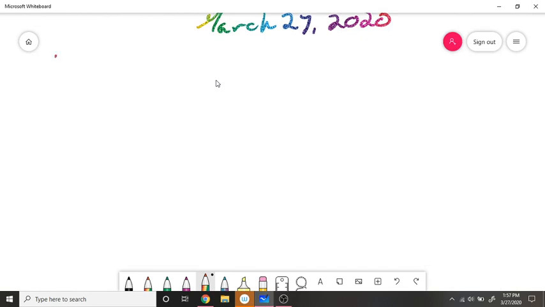So we said yesterday the lithosphere is the crust of the Earth. It's basically the part of the planet that we live on.